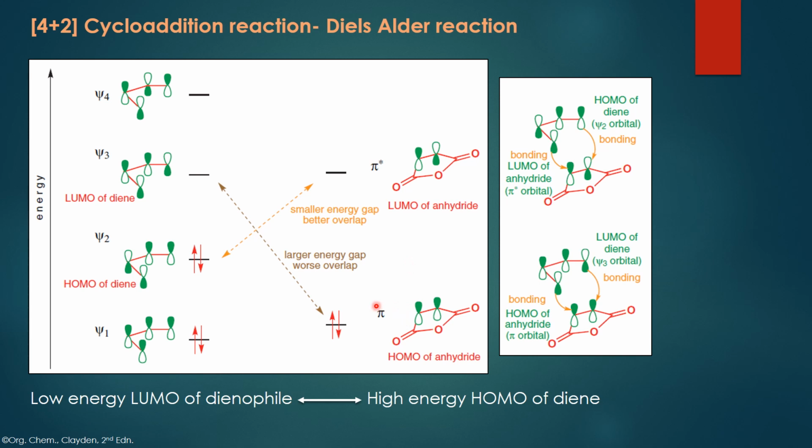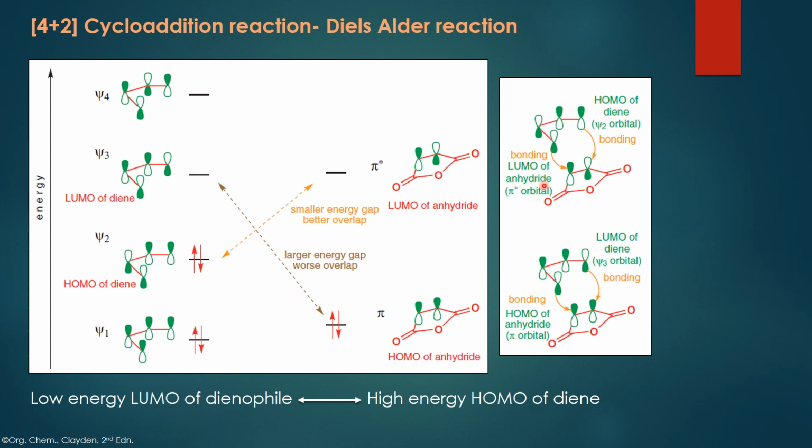So under thermal condition, the HOMO of the diene is psi 2 and the LUMO of the dienophile, that means maleic anhydride, is pi star with no electrons. The HOMO interacts with the LUMO. There is another chance: the HOMO of the dienophile, that means this pi orbital, interacts with the LUMO of the diene, that is psi 3. There are 2 chances to occur.